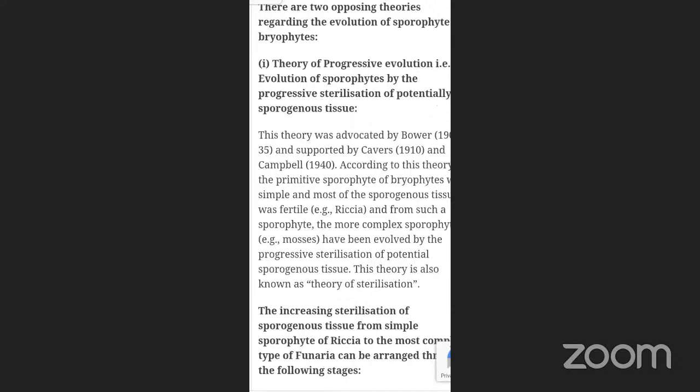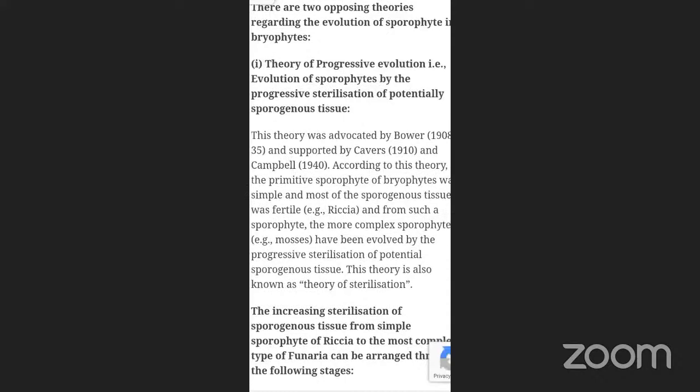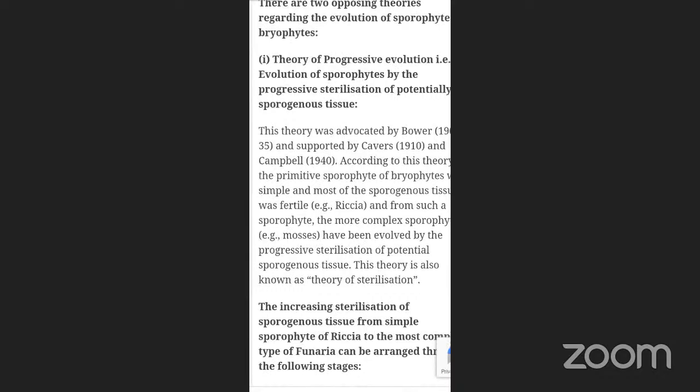Bower proposed the theory of sterilization, which explains how the structure of the sporophyte goes from simple to complex, and which one is simple and which is complex, based on their structure.